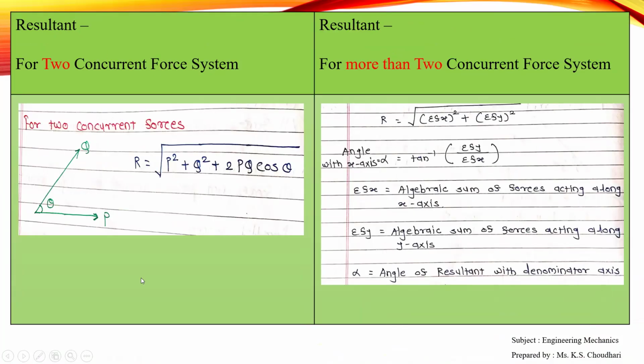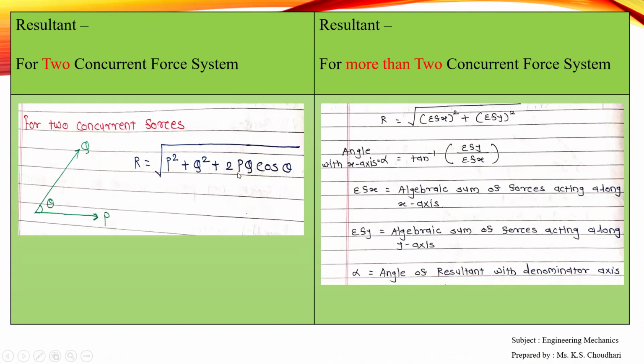Here you can see the P and Q forces, which form a force system, and this force system is a concurrent force system. Theta is the angle between P and Q. To find out the resultant, the formula is under root P square plus Q square plus 2PQ cos theta.